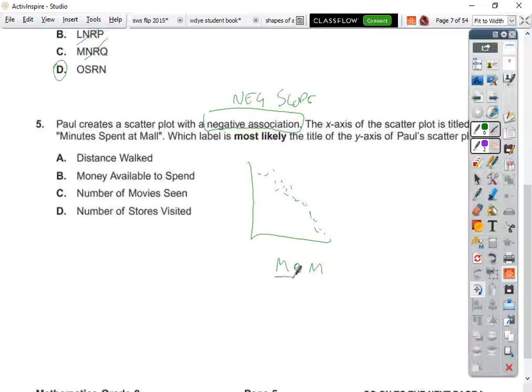So as you spend more minutes at the mall, something is decreasing. Will the amount that you walk decrease? No, because you're going to be walking more. The money available to spend? Yeah, probably. That's going to go down because as you move places, you're going to spend more money. So that's clearly the best option.